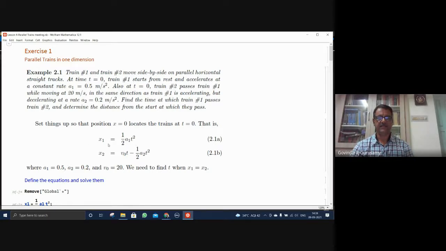I hope it's clear for all of you. The problem should be read properly and then the equation set. This is the equation you set for train number 1, and make sure it is proper for the statements given here. Let's write down this equation and then come back to this. Is it okay?